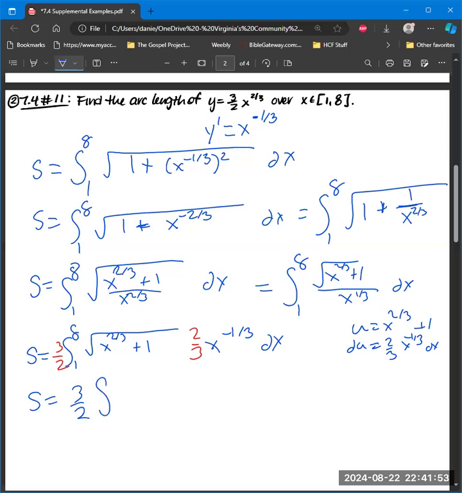So if x is 1, u is going to be 1 plus 1, which is 2. If x is 8, the cube root of 8 is 2, 2 squared is 4, and 4 plus 1 is 5. This is u to the 1/2 du. So that's 3/2 u to the 3/2 times 2/3, from 2 to 5, and these make a 1.